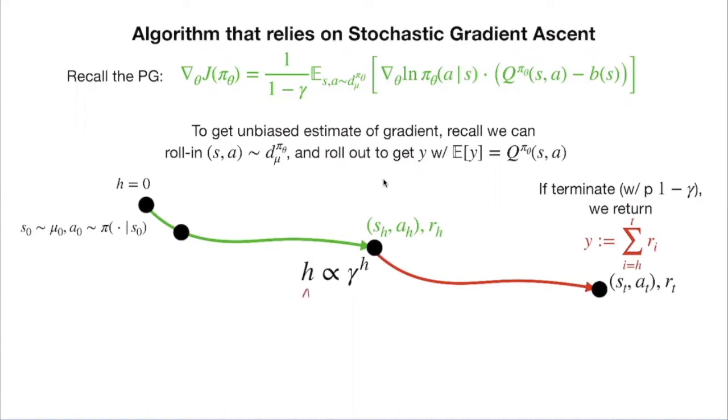We randomly pick a time step with probability proportional to gamma to the power of h, roll in and stop at this time step, and then roll out. Remember, this process gives us an S, A, y triple such that S, A is from d pi theta mu, and the expectation of y equals Q pi theta S, A.